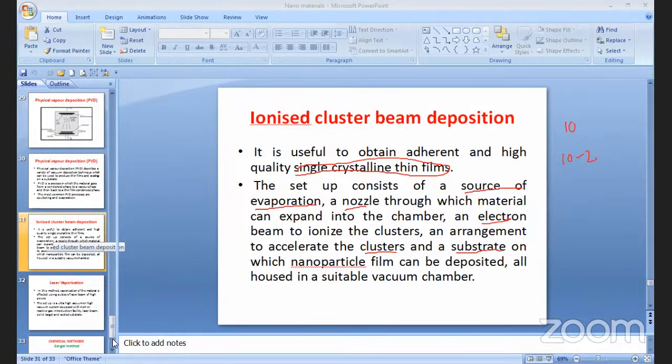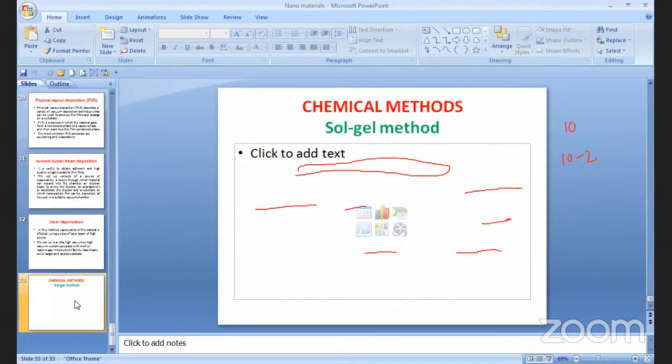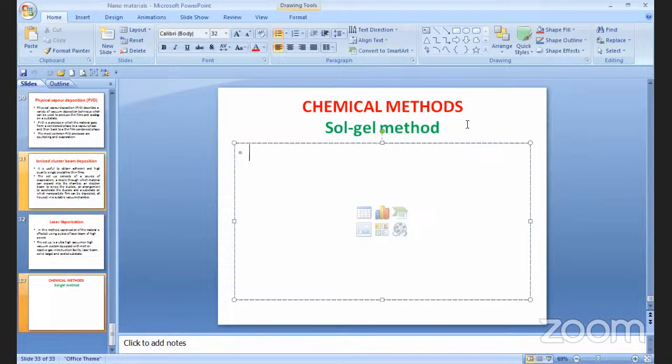Next we'll move to another type of method. Previously we have seen physical methods which we used for nanoparticle synthesis.